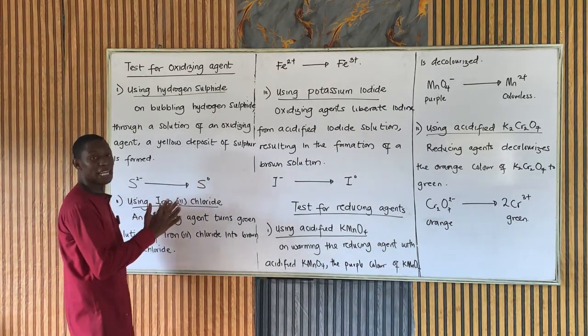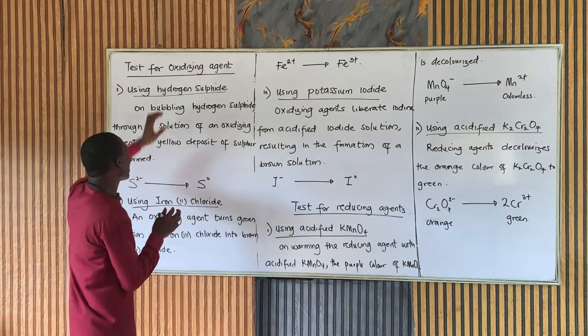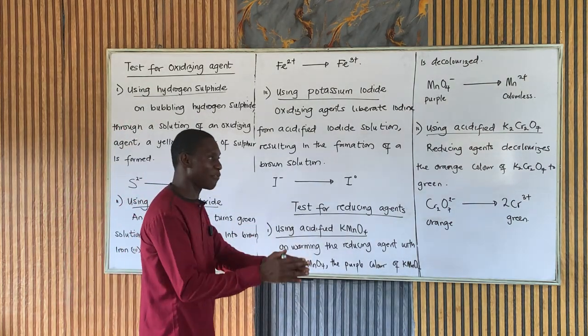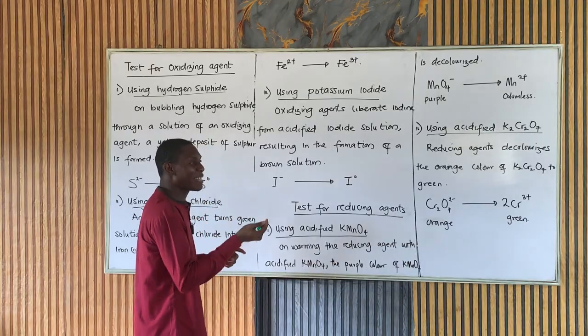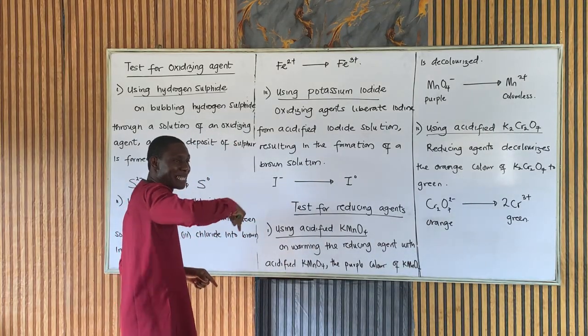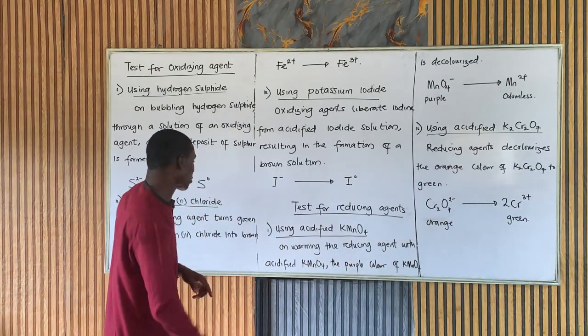And the sulfur has a yellow color. So whenever you add oxidizing agents to hydrogen sulfide, you will see a yellow deposit of sulfur. That means whatever you've added the hydrogen sulfide to must have been an oxidizing agent. That's why we have the yellow deposit of sulfur.